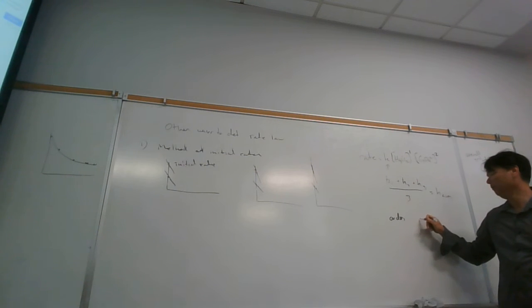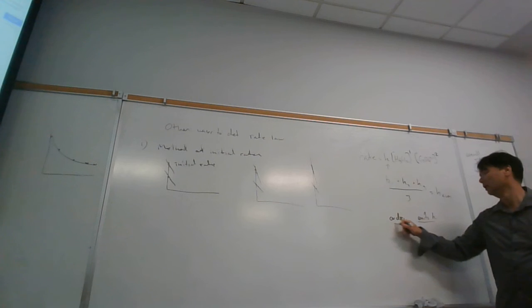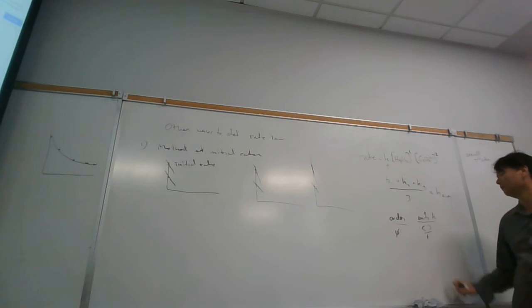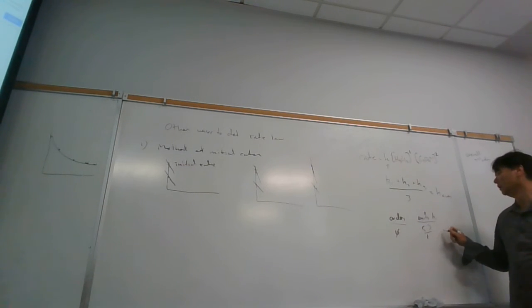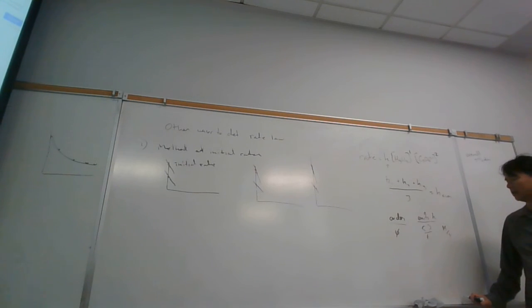And so, if it's zero order, then the units on K are in molar versus time. And so it'll be like molar per second or something like that, or molar per minute, or molar per hour, or millimolar per whatever.